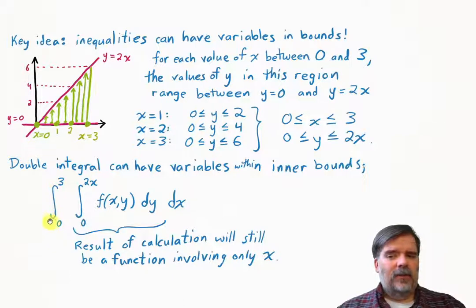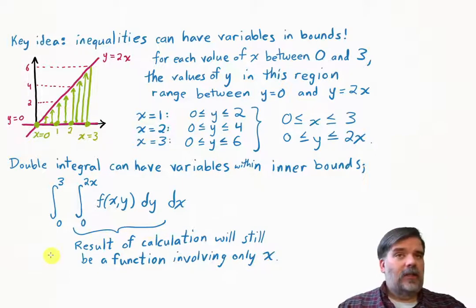I want this to reduce to a single number, and that won't happen if I'm evaluating at a function out here. So here, the bounds are from y equals 0 to y equals 2x. And the result of calculating this inner integral is still going to be a function involving only x. So we're still going to be able to progress with our calculations just like we did with numbers. So let's see how this works out.